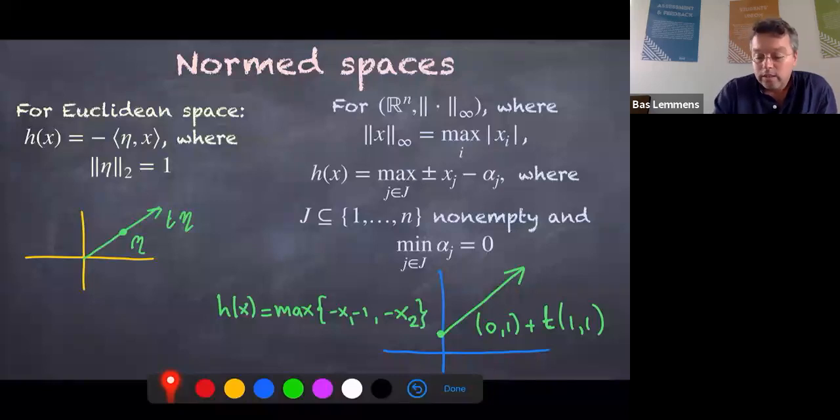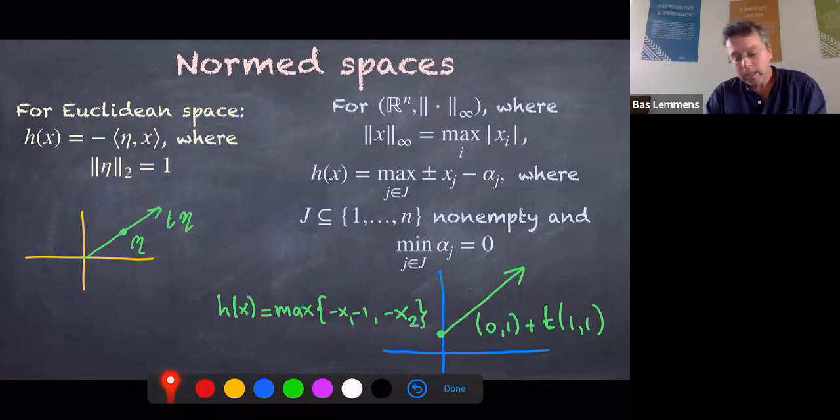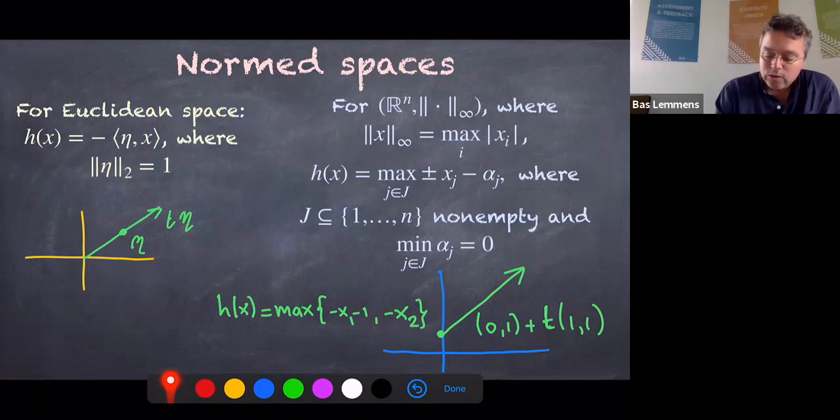Now you can take the maximum norm on R^n. This is something different, but it's like the Kobayashi metric, it has a sort of product structure, a product property. And you can see here that the Horo functions look very much like the ones you saw for the Kobayashi distance on the polydisk.